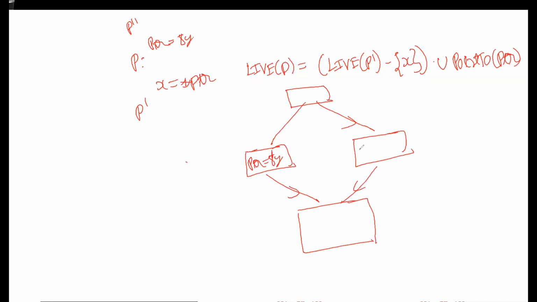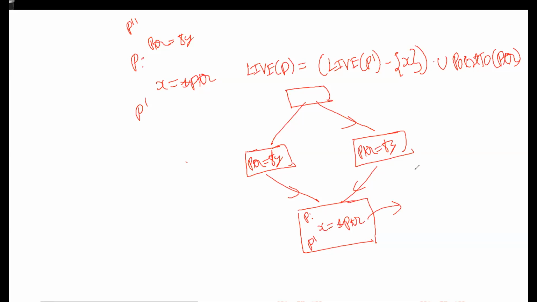And here PTR is equal to address of z, and here we have x is equal to star PTR. This is program point P, this is program point P prime. At this point, PTR can potentially point to variable y or variable z.